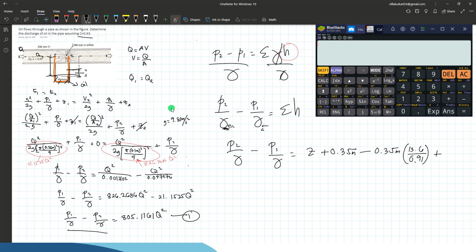Then add the height Z for oil. Z is negative going up, so Z is cancelled out. So P2 over gamma minus P1 over gamma equals negative 0.35 times 13.6 over 0.91.